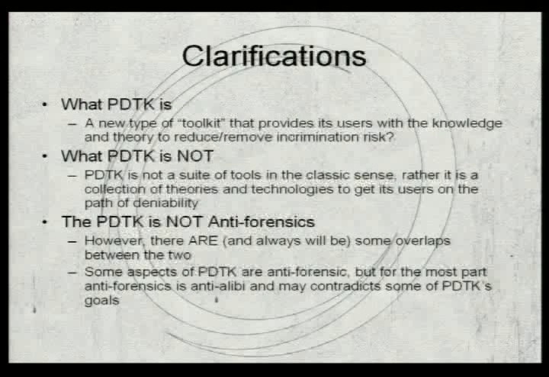Okay, clarifications. This is not a toolkit in the classic sense. We were looking for verbiage that fit what we were doing, but it's not really a downloadable set of tools. The big problem there is that you create a fingerprint when something's downloadable and pre-rolled and has a specific function.